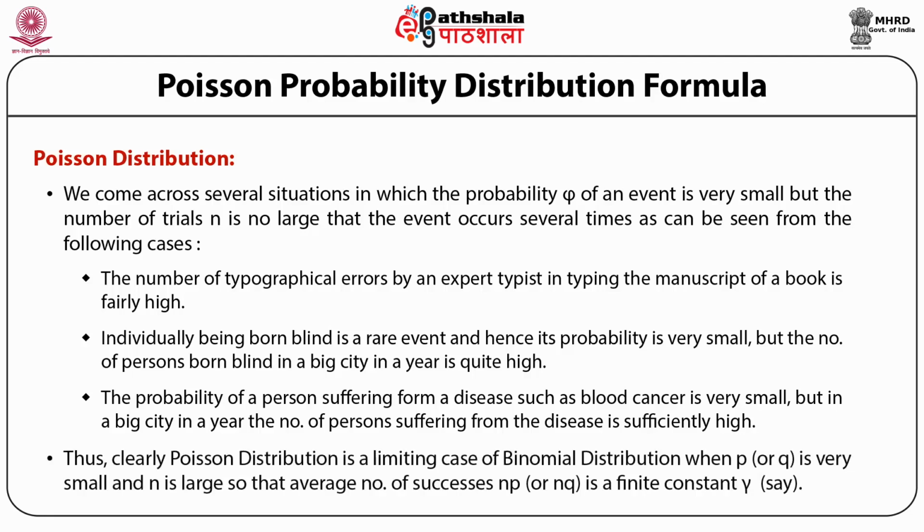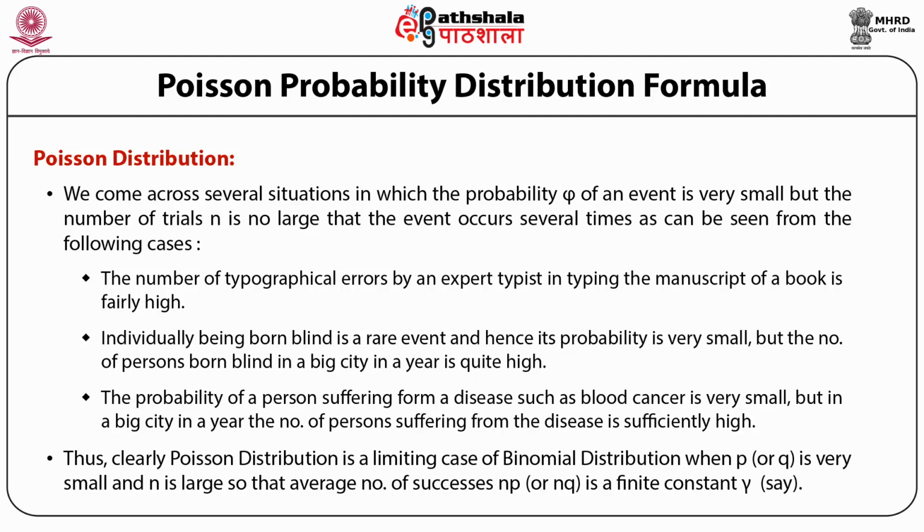Thus, clearly, the Poisson distribution is a limiting case of the binomial distribution when p is very small and n is large, so that the average number of successes, that is np, is finite.